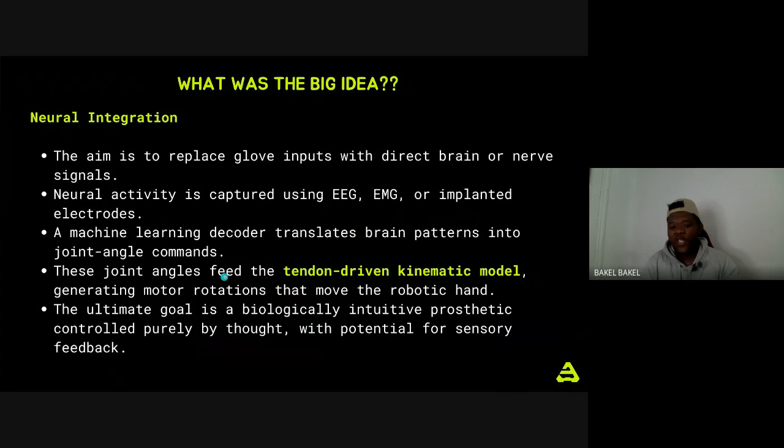And then we use some form of machine learning, usually LSTM. There are different machine learning algorithms that try to understand these brain signals, because the idea is, for each command you give your body, there is a distinct signal.